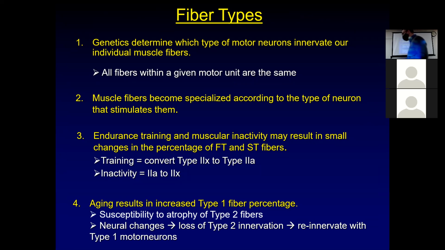Weirdly though, despite your genetics, I can switch your fiber types around if you will let me cut the nerves that connect to those individual fibers. Okay? I'm guessing you guys don't talk about embryology or much of growth and development and the stages of all of that in anatomy or in phys, probably.